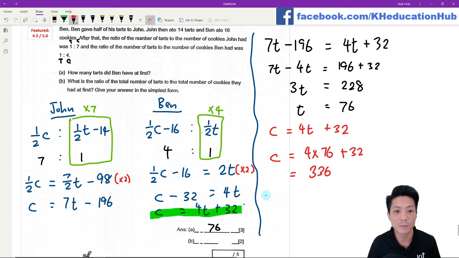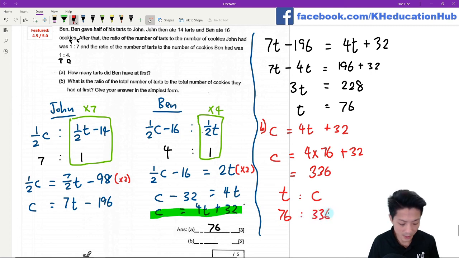Which is equal to 336. So for part B, the ratio of the total number of tarts to the total number of cookies will be 76 to 336.